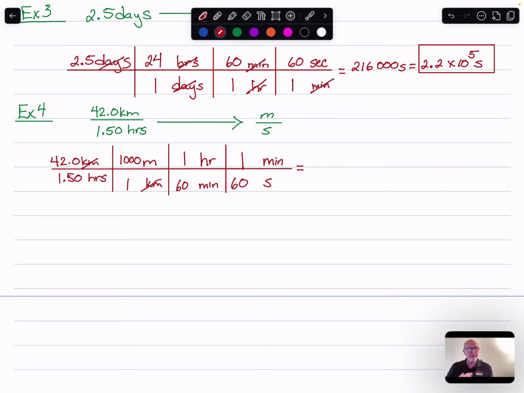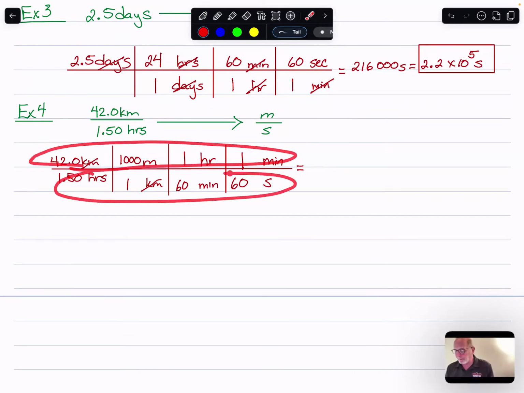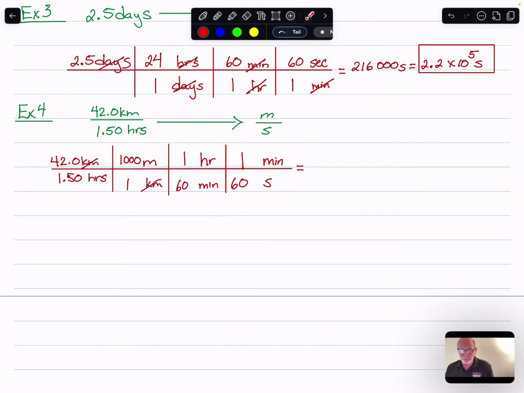This is where Texas Instruments, you can do it all on your calculator. I'm just asking you to show me what you are doing in your calculator. That's just 42 times 1,000. Yes, that's okay. Show that work. Show all work for credit. Okay? Multiply the top, multiply the bottom, divide them at the end.